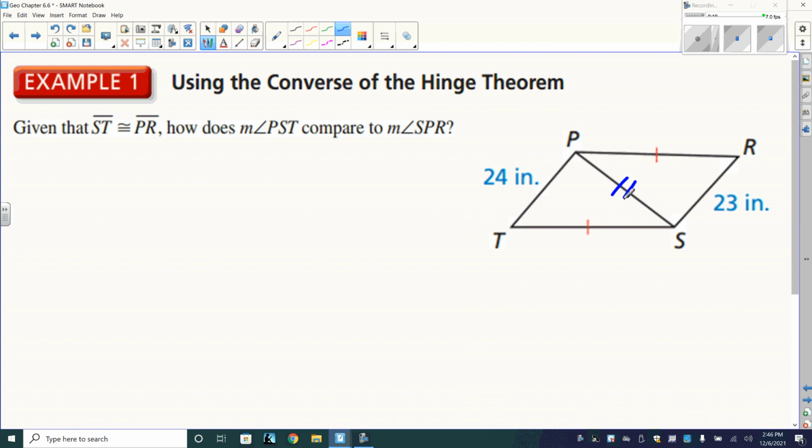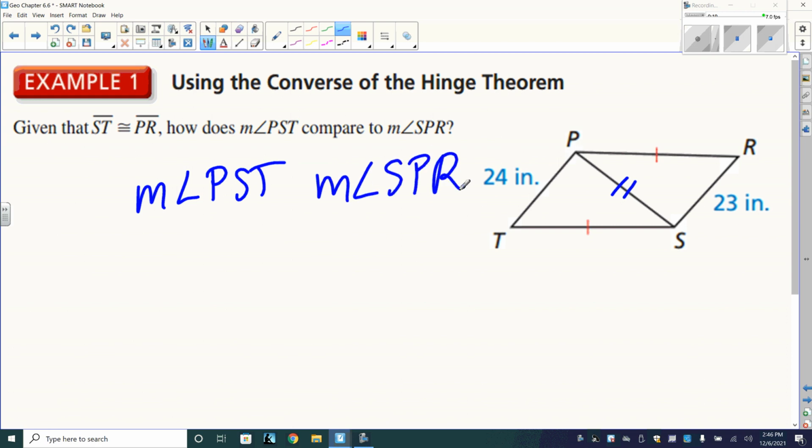The side in the middle is going to be congruent. So we want to compare the measure of angle PST to the measure of angle SPR. So which side's bigger?